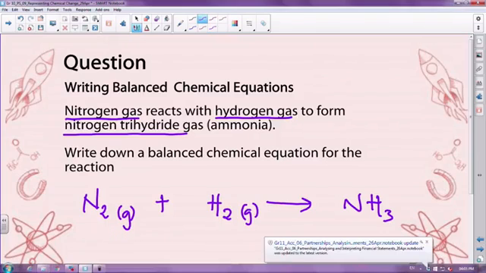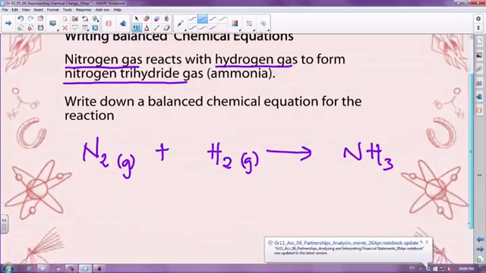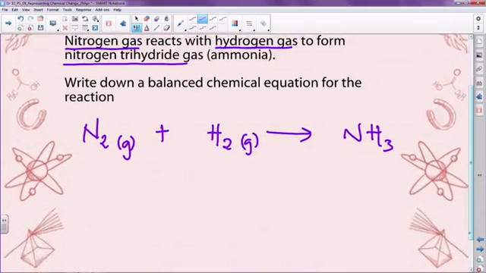Now we're going to consider the number of atoms on the left and the number of atoms on the right. So nitrogen is 2 on the left, and 1 on the right. It's not balanced. And for hydrogen, it's 2 on the left and then 3 on the right.